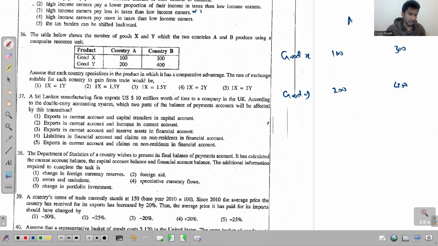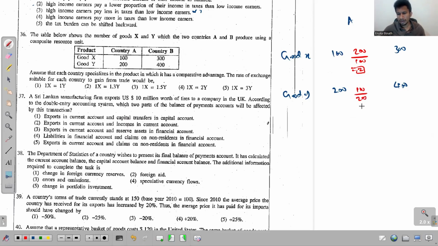To find the opportunity cost, once again, let me remind you that this is about the output approach, not the input approach. I showed you the difference between the input approach and the output approach in the previous paper. I'm just doing the calculations. So we take 200 over 100. That will be just 2. If it is 2, obviously the other one has to be 0.5. But let me show you how to calculate that.